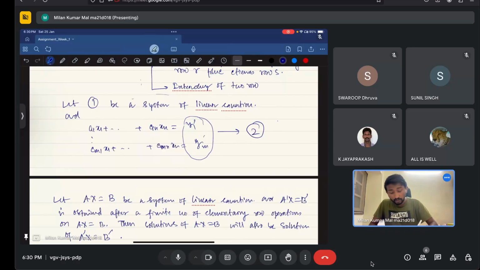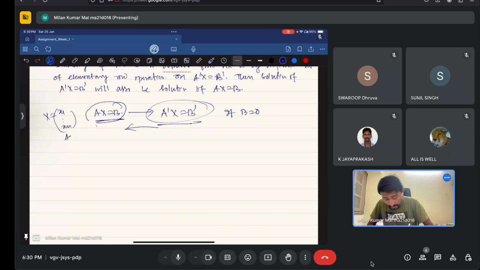So a system of linear equations Ax = b for which b is actually 0, meaning a zero column, then Ax = 0 is called a homogeneous system.